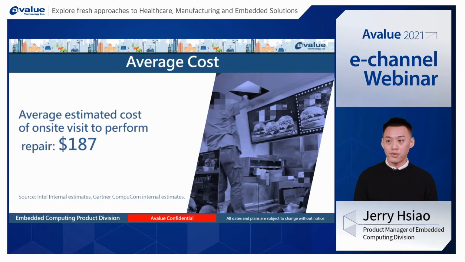Another study shows that the average estimated cost of an on-site visit to repair a device is around $200. This extra cost will be a burden for a company.